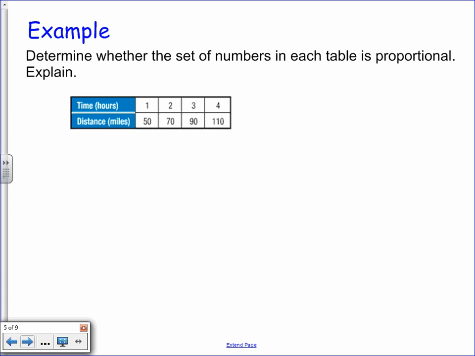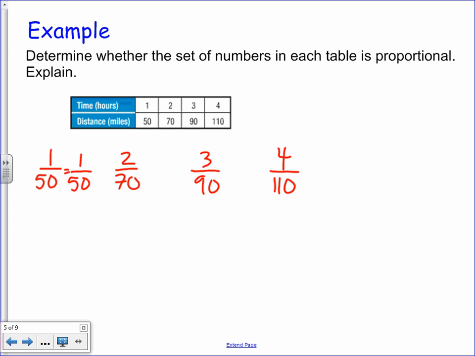Okay, here's another one. I'll do this one. We are going to write 1/50, 2/70, 3/90, and 4/110. So 1/50 is 1/50. 2/70 is 1/35. 3/90 is 1/30. And 4/110 is 2/55.